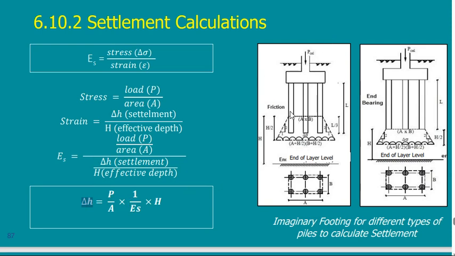A is the area, this dimension by the perpendicular dimension. So this is P over A, times 1 over Es. I have to give you E of the soil, or, as you have done in the coursework, you have to assume a suitable Es, multiplied by the thickness of the compressible layer, which is H. In this case, this is H. This will give you the settlement of the pile group.